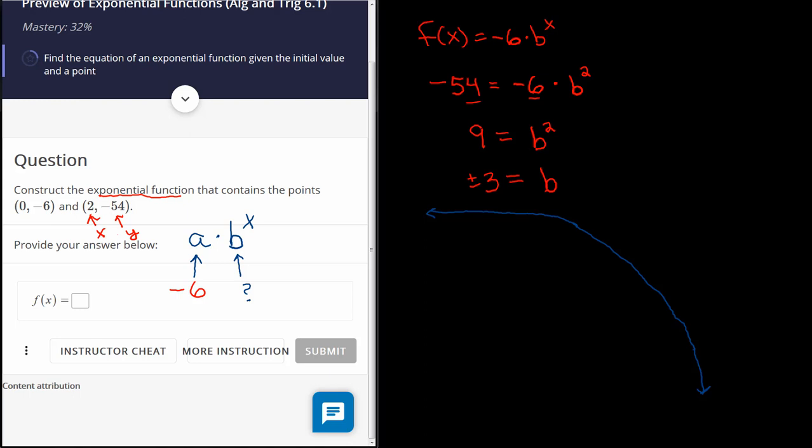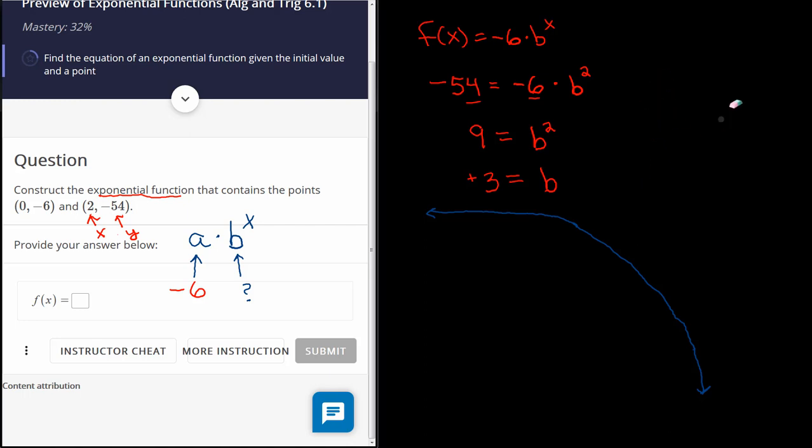But not so fast, because remember that we're dealing with an exponential function. And one of the rules of exponential functions is that the base can never be negative. So algebraically, b could be equal to negative 3, but because of what we know about the problem, we can rule out the negative answer.